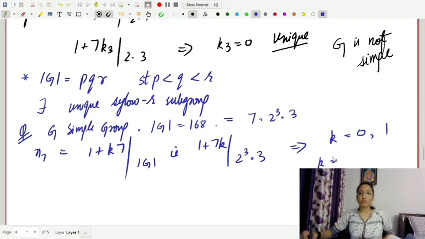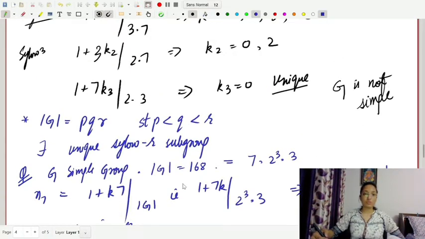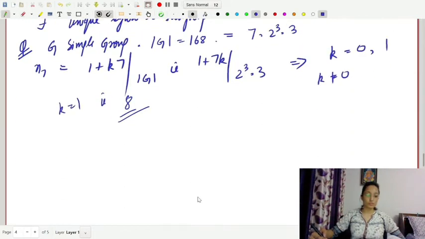K cannot be equal to 0 since G is a simple group, which is given, and hence k is equal to 1. That is 8 Sylow 7 subgroups of G.